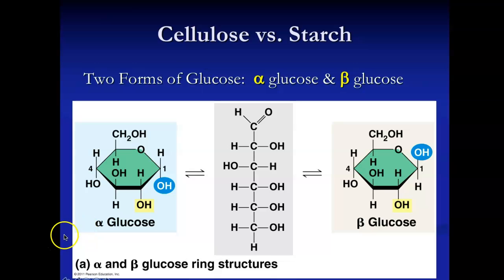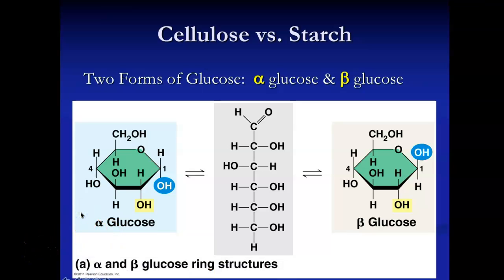Alpha glucose is going to have this hydroxyl hanging off of the number one carbon kind of downward like that. And then the beta glucose is going to have a hydroxyl that's up. All right, so you can see the difference. Here's an alpha glucose with the hydroxyl kind of hanging down. Here's a beta glucose with the hydroxyl group up. All this means is it's still glucose, but the hydroxyl groups are in a different position.